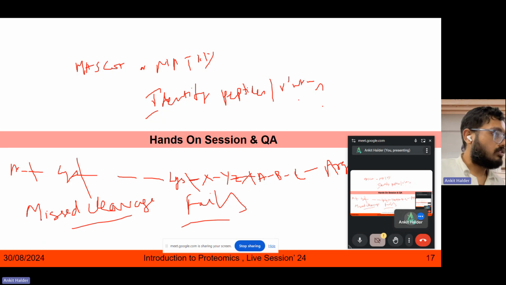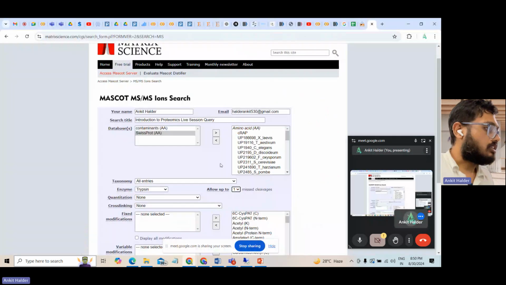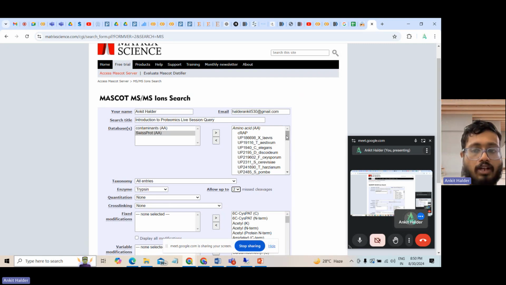Ideally, it should be zero, but in all practical sense, we can allow 1 to 2 missed cleavages, and obviously it will have an effect. You can see, by reducing or increasing the number of cleavages, what the number of hits is that you are getting.